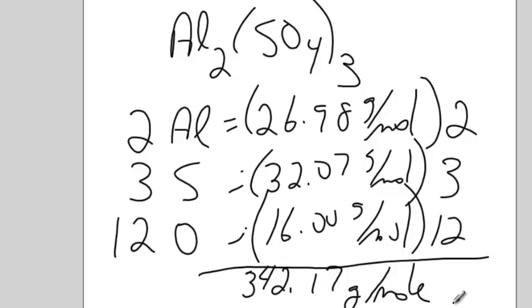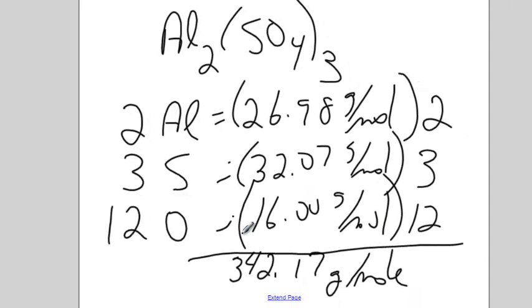So that's called the molar mass of aluminum sulfate. That's how many grams are in 1 mole. So if I'm given grams and I'm trying to convert to moles, or I'm given moles and I want to convert to grams, I use that number. Remember, the molar mass of any element or compound is going to be different. There always are the same number of particles, but the masses are different.